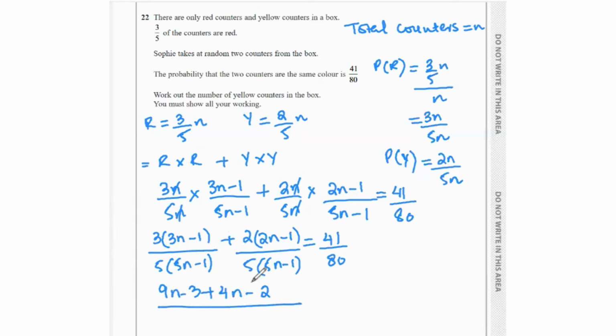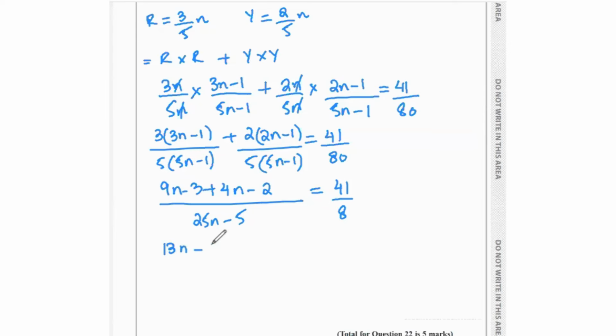I'm going to rewrite this as a single fraction, and that's 25n minus 5. Cross multiply. 13n minus 5 times 80 equals 41 times 25n minus 5.